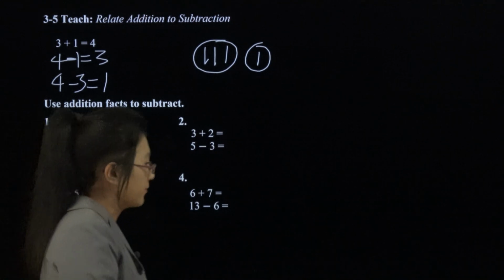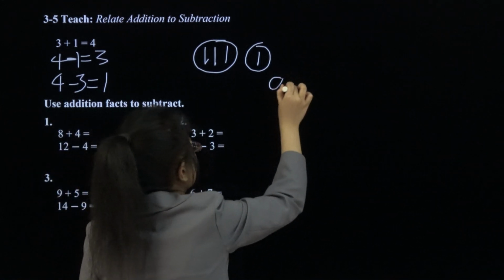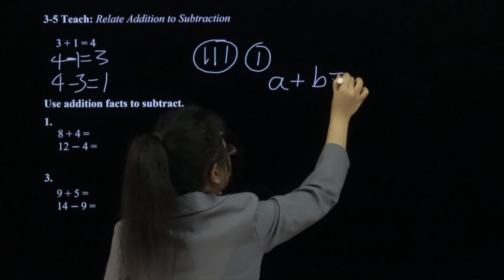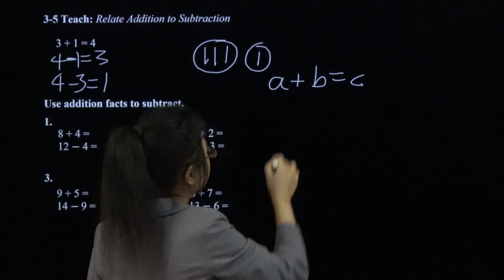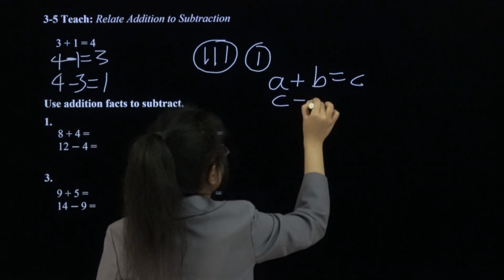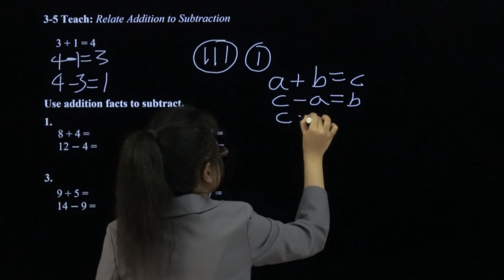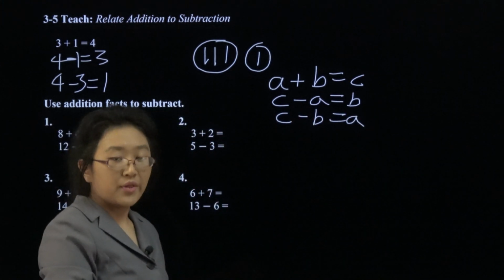If, say, something plus something equals something else, then that thing minus any of the other somethings will be equal to the other something.